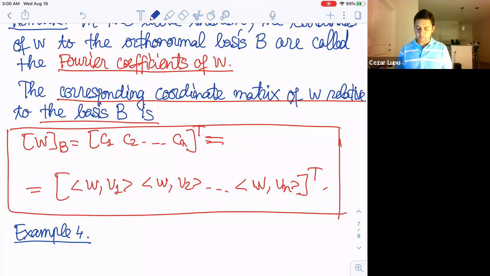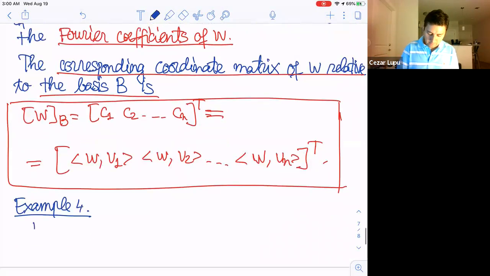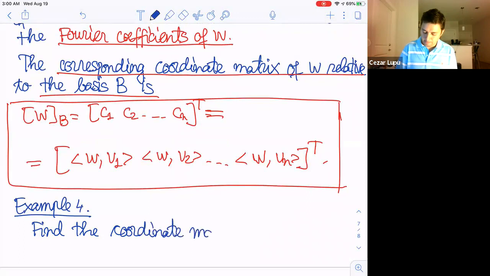We want to find the corresponding coordinate matrix of a vector relative to a basis. So find the coordinate matrix of the following vector.